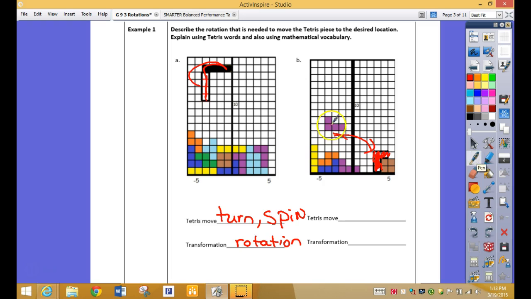In the words we used to know, we did a slide, and then we did a slide and a turn or a spin, whichever word you want to use. But what transformation was it? It was a rotation, and a what? Translation.